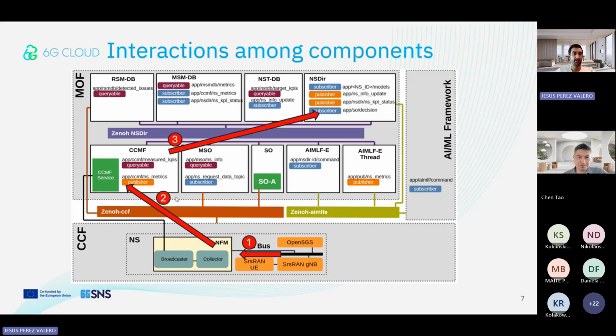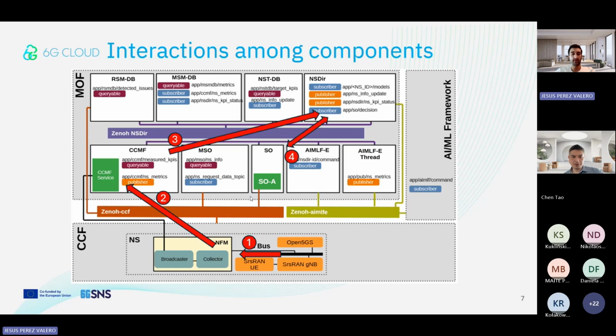See step number 3. Then the network service director combines measured network metrics with the service level objectives defined in a service level agreement to generate a consolidated service view and sends it to the service orchestrator. See step number 4.